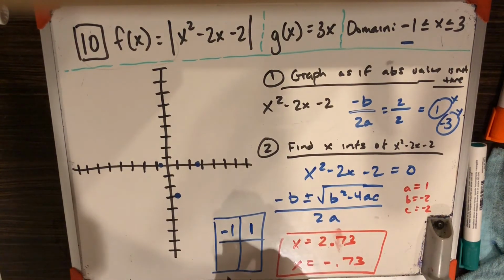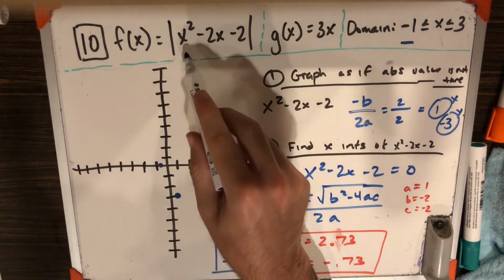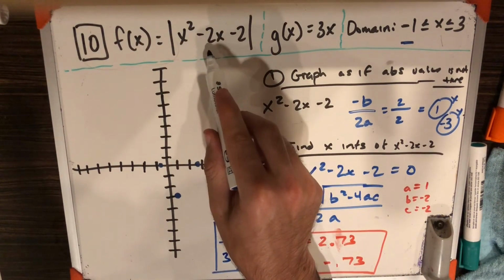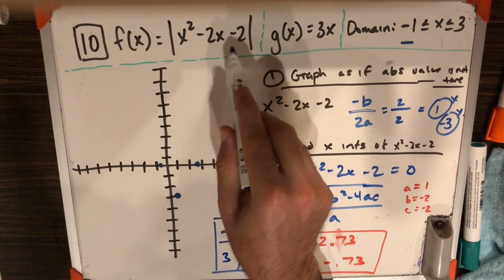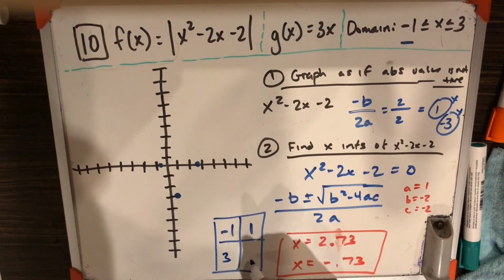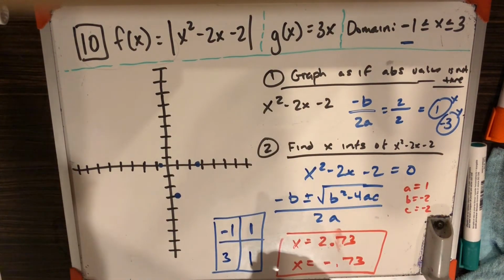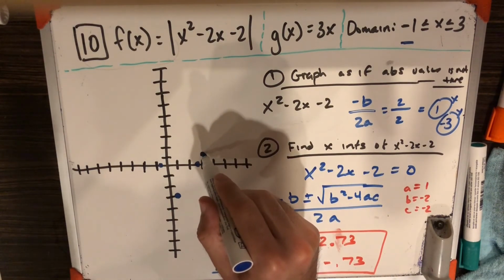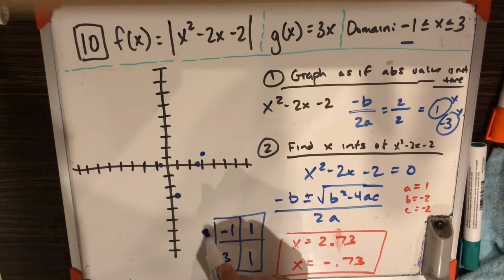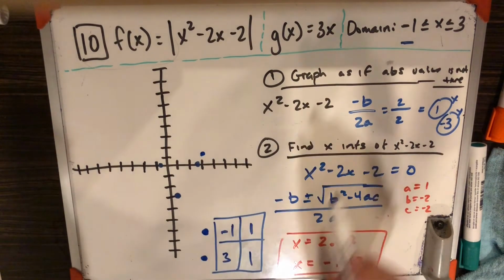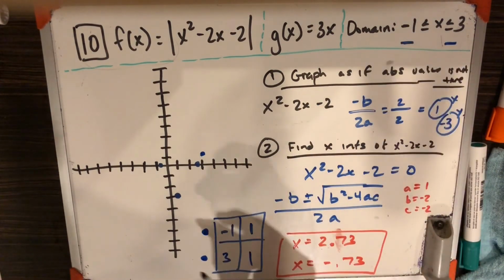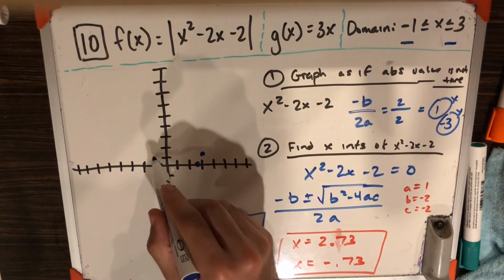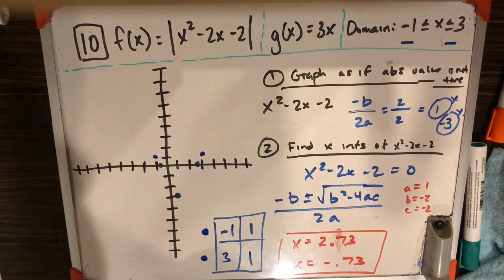Okay. When I end up plugging in 3, that's 3 squared, 9. 9 minus 6 is 3, and then 3 minus 2 is also 1. Okay. So I know 3 and 1. Again, I can include this. This should be a closed circle. This also should be a closed circle since I'm including -1 and 3. When I plug in -1, I get 1 back. Okay, so you can kind of see how this will end up looking.